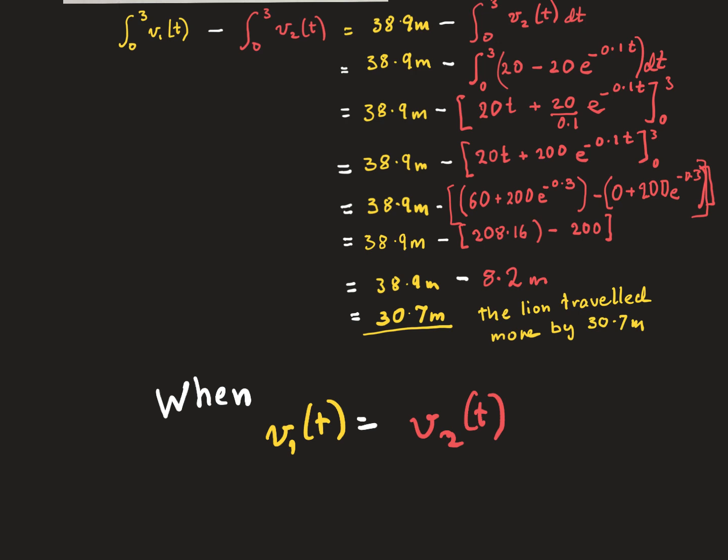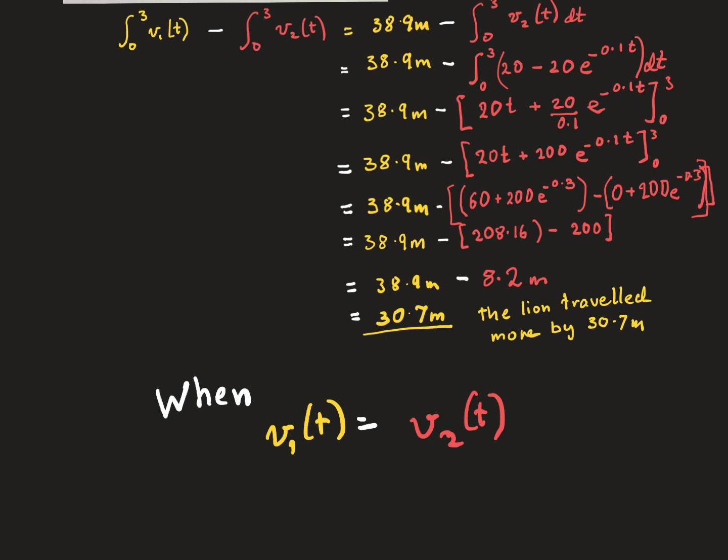Now, when V1 is equal to V2, that means that the speed of the lion and the speed of the zebra are the same at that time. And the speed of the lion is decreasing over time, the zebra is increasing over time, so they will be about the closest point at that time.